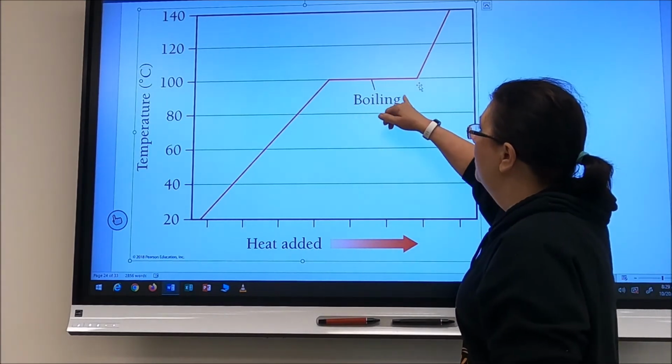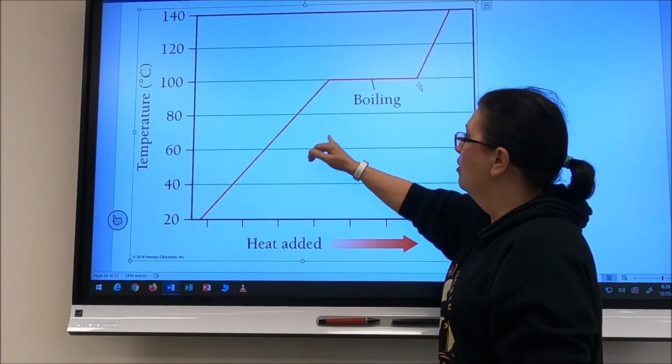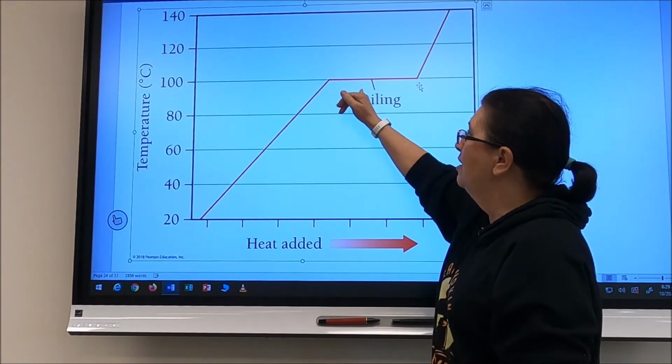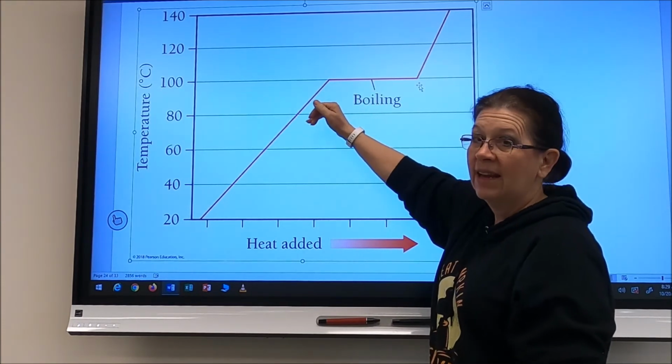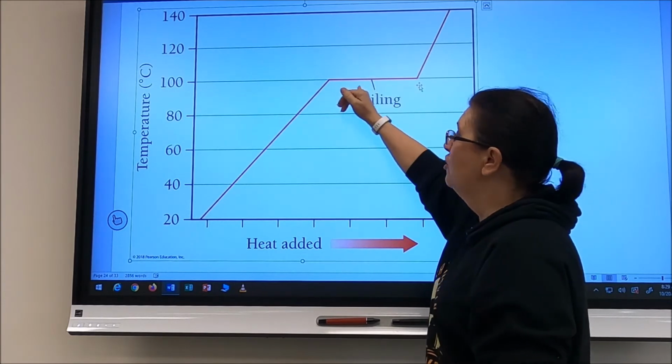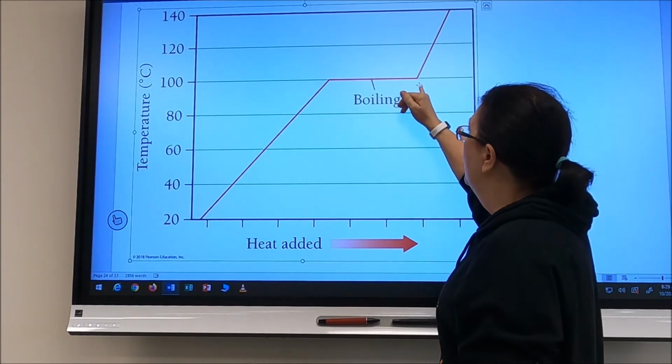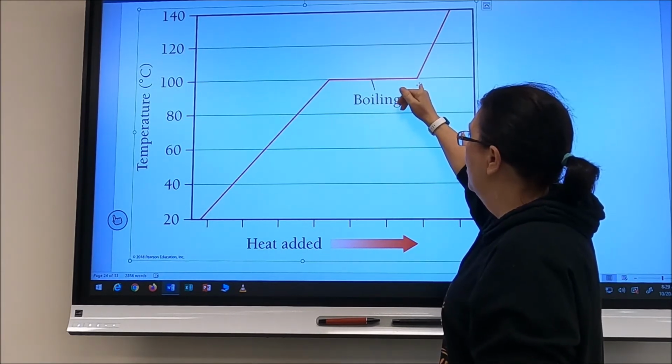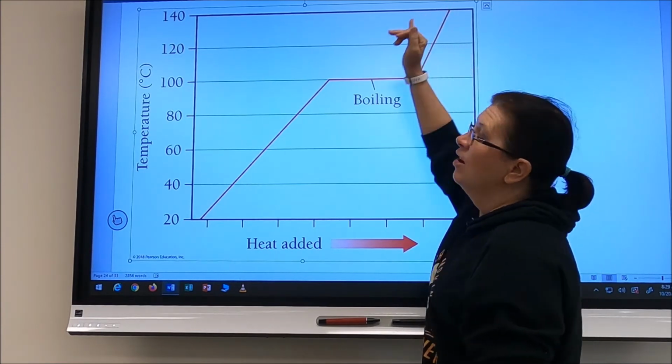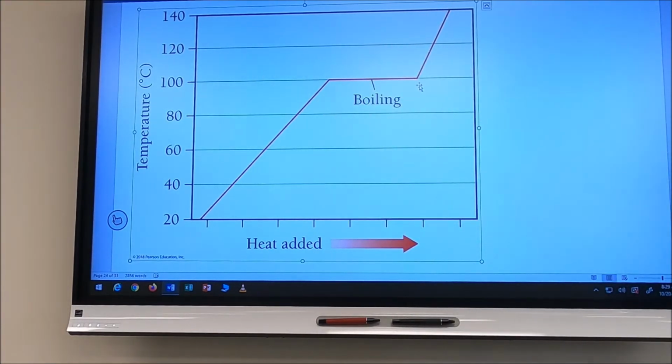The reason the line flattens out is because all the energy that we're putting in at this point is not changing the kinetic energy of the system, it's changing the potential energy of the system. Once everybody's been converted into the gas phase, then the gas's temperature increases.